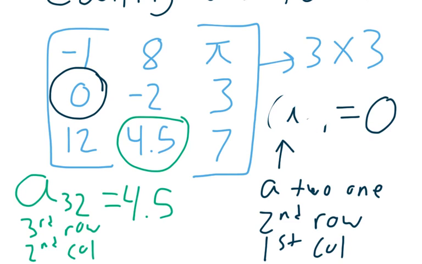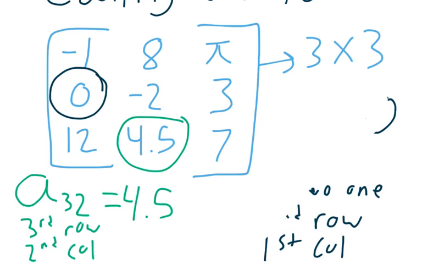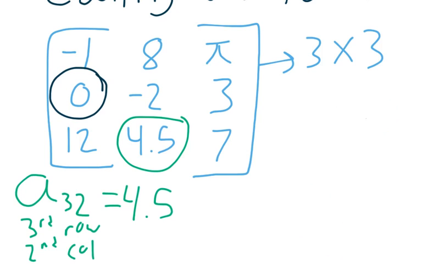And what would be, try this one and pause it. How about A1,3. So again, not A13, A1,3. What term in this matrix would that be? If you said pi, I'll use the actual marker, then you are correct.